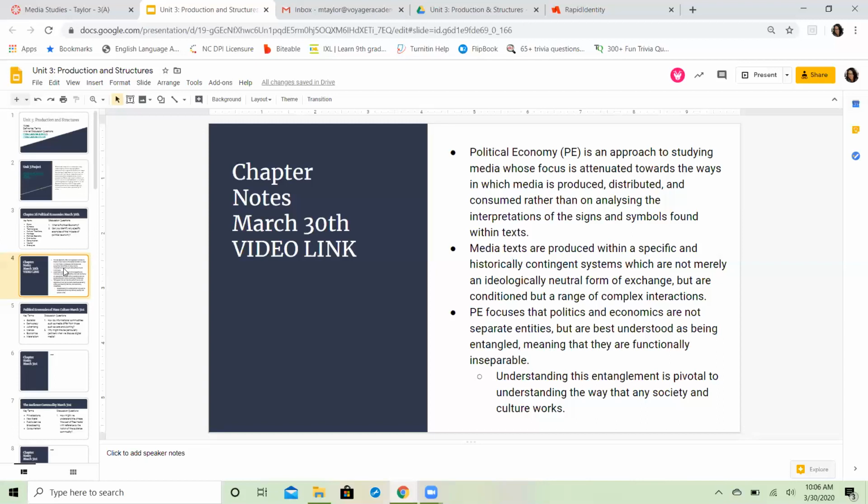So moving along, media texts then are produced within a specific historically contingent system, which are not merely an ideologically neutral form of exchange, but are conditioned by a range of complex interactions. So again, media texts: movies, video games, TV shows, news outlets, music.